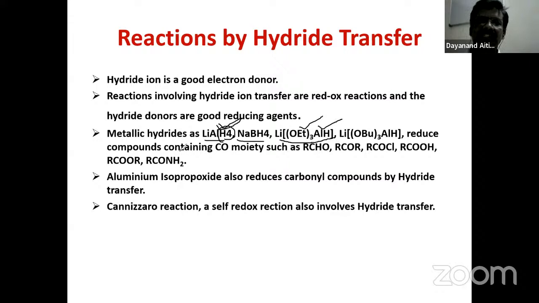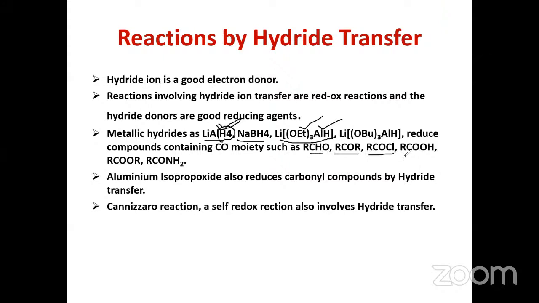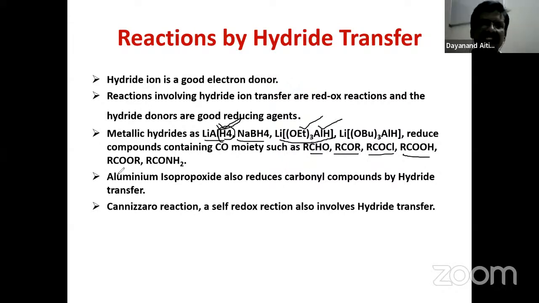They reduce compounds containing the CO moiety, that is carbonyl compounds: aldehydes, ketones, acid chlorides, carboxylic acids, esters, RCONH2. All these compounds have CO. Aluminum also reduces the carbonyl compound by hydride transfer.